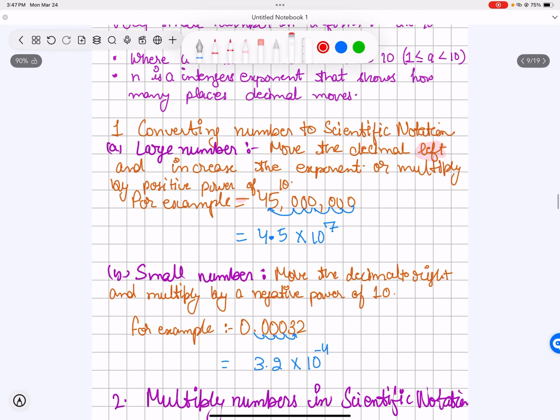So in the first part, we're gonna convert numbers to scientific notation. In part A, if we have a large number, we move the decimal to the left and increase the exponent, multiplying by a positive power of 10.